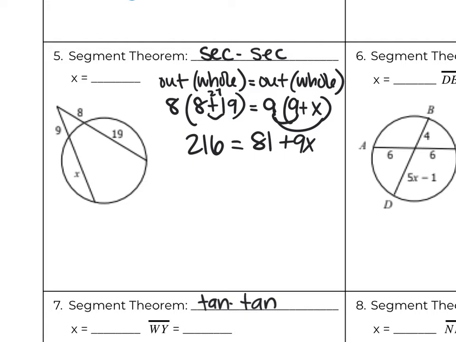So I got 135 equals 9x. Divide by 9, x equals 15. Do you guys get that? I think most of you are done with that one, so I kind of went through that one quick.